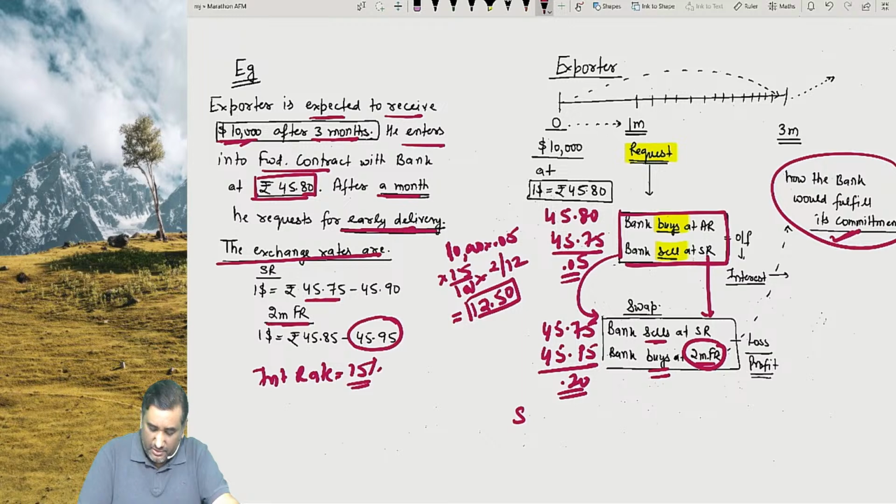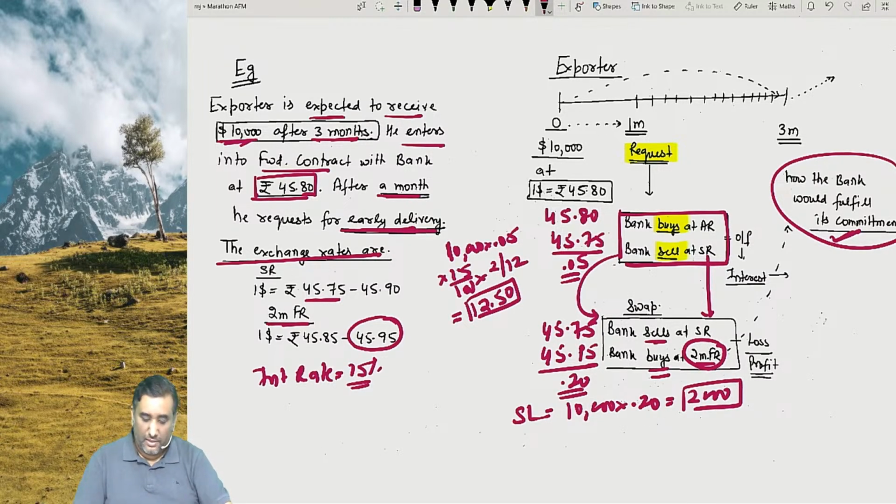Total swap loss would be 10,000. 2 point. How much? 1,000. Now how much will go to the customer, sir? Bank will buy $10,000 and pay you how much? 10,000 into 45.80 minus 12.5 minus what? 2,000.